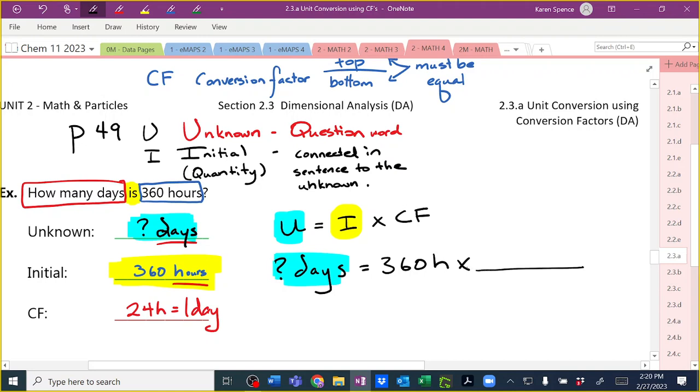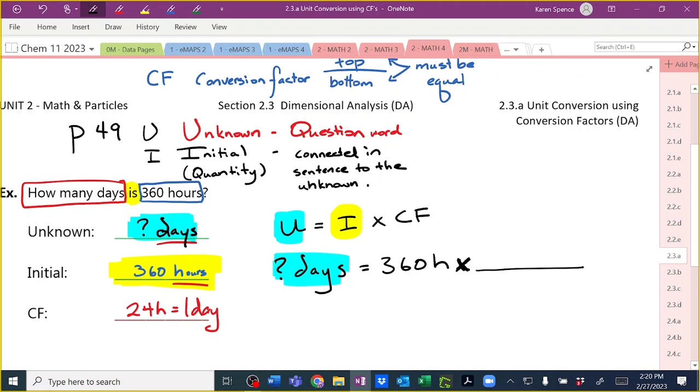And when I do a conversion factor, I'm going to write times. And then remember, every conversion factor has a top and a bottom, so I'm going to draw a line so I can write something on the top and so I can write something on the bottom.